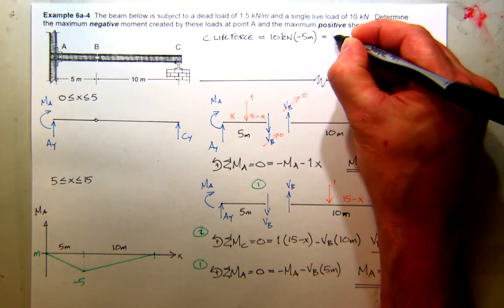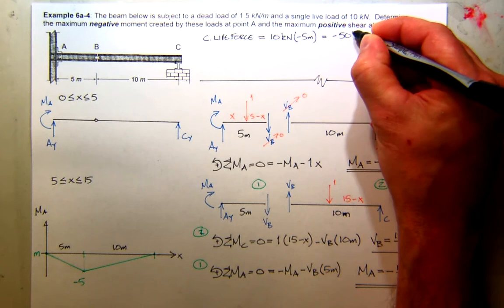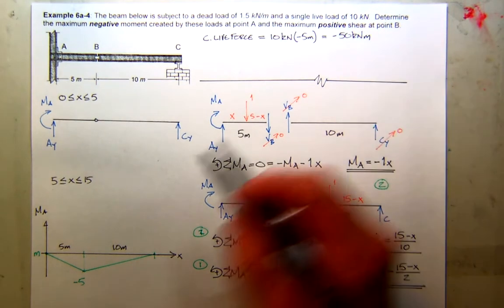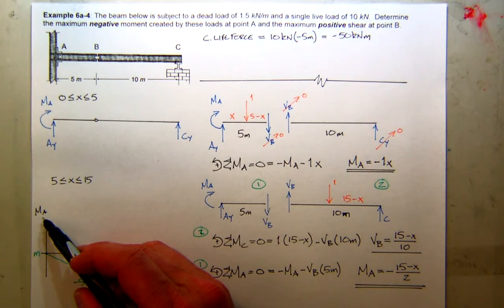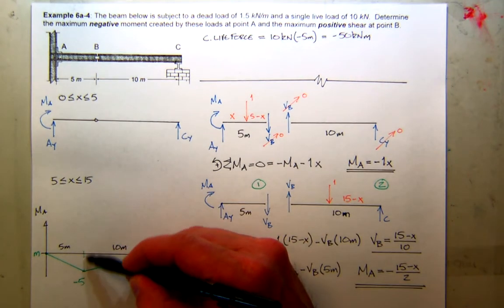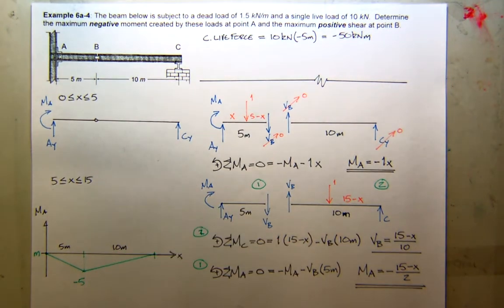That gives me a negative 50 kilonewton meter moment. So that's the moment at A when the 10 kilonewton force is at 5 meters. That's the maximum moment. It starts off at 0, goes up to a maximum of 50, and then it decreases back to 0. So that's the maximum.